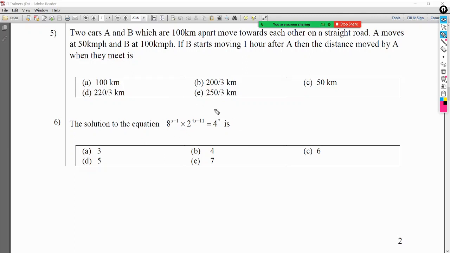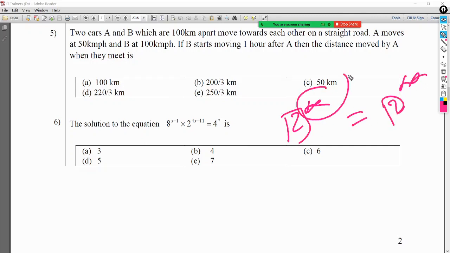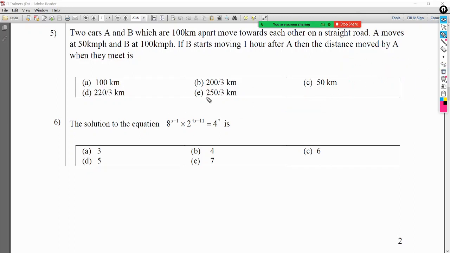Index we don't mind, common base. For example, when you have 2 to the power something equal to 2 to the power another thing, you can say since the bases are the same, indices must also be the same. So what is that common thing you want to go to? Because this is 2 to the power, I like to go with this one also into 2 to the power.